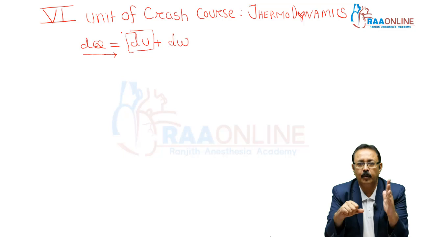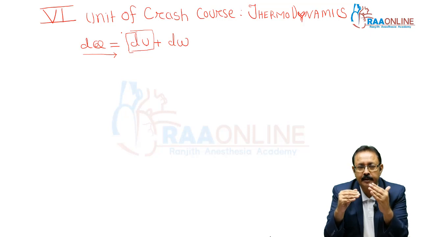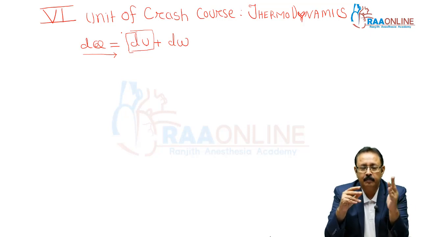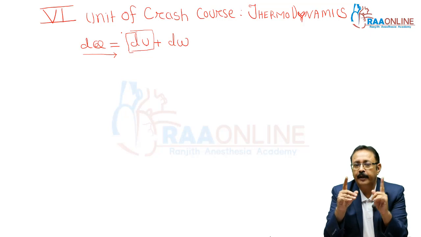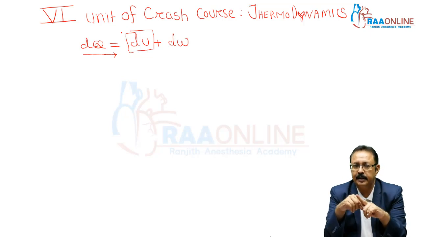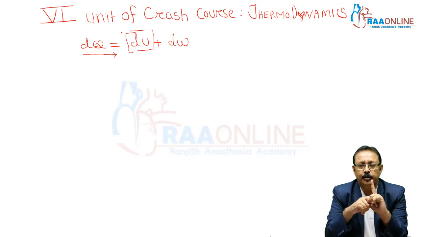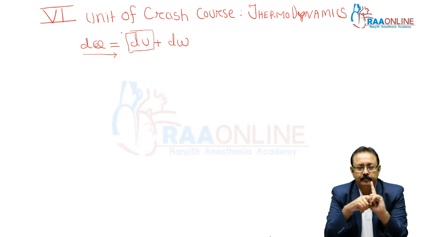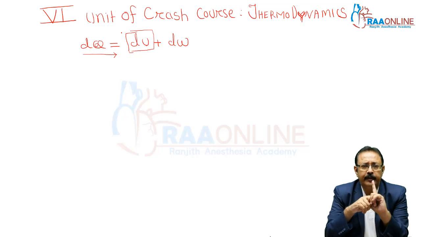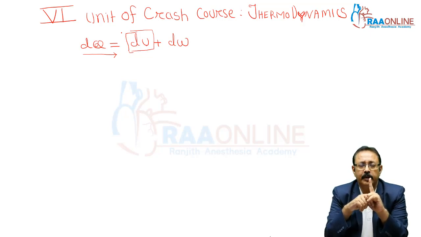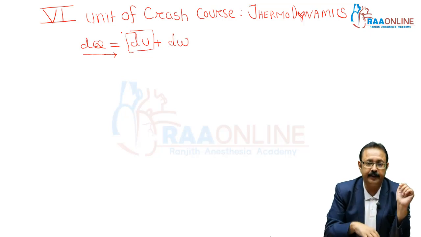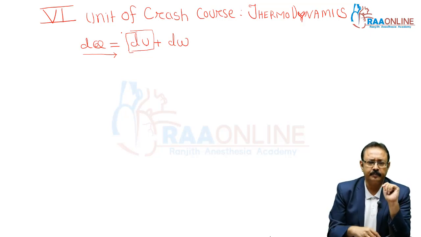If we are doing work on the system and that work produces heat which is liberated from the system, both should be negative. If internal energy is increasing, dU should be positive. If it is decreasing, dU should be negative. Definitely you are going to get one problem in your NEET exam from this statement, so be careful about this.